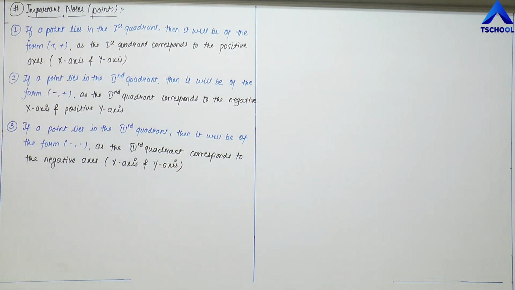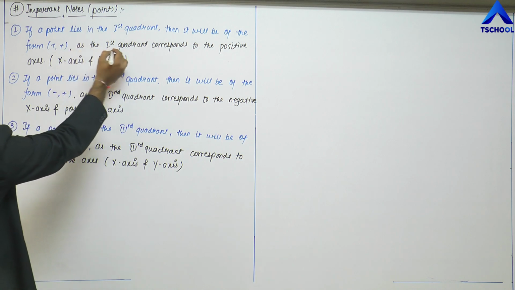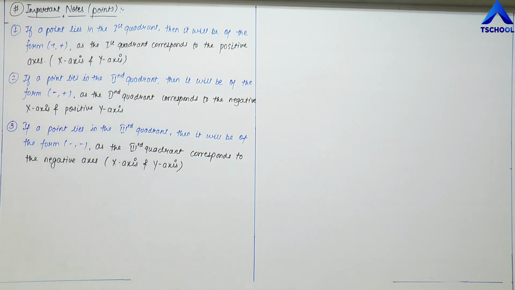If a point lies in the third quadrant, then it will be of the form minus minus, as the third quadrant corresponds to negative x-axis and negative y-axis. Is it clear friends? So we shall have this point lying in the third quadrant.